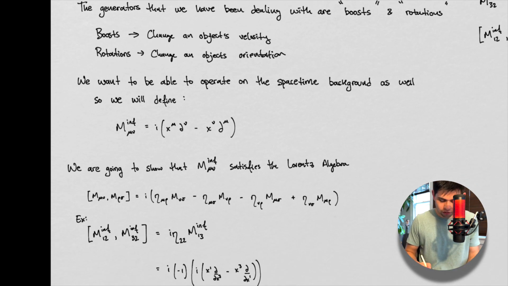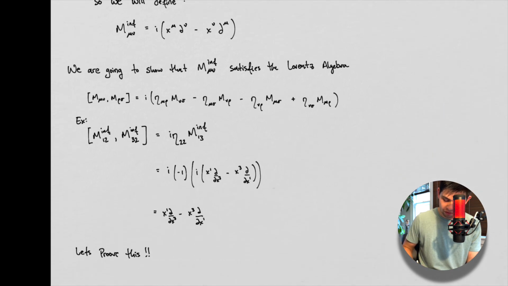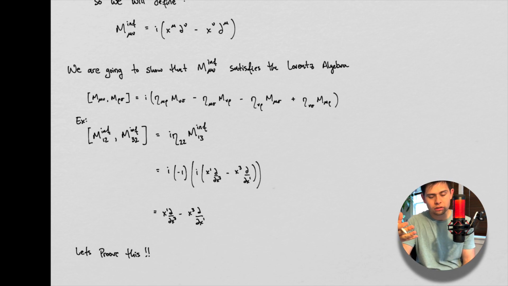Now, this is how we do this, right? So we want to be able to operate on a space-time background as well, so we define this guy right here. Okay? And what we want to do is show that this guy right here actually satisfies the Lorentz algebra. We found that the Lorentz algebra was this. I sort of just gave it to you as a given.